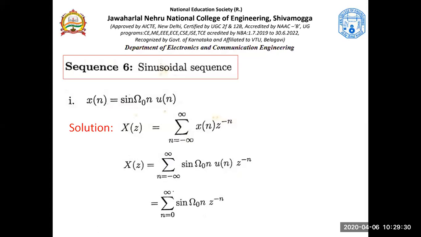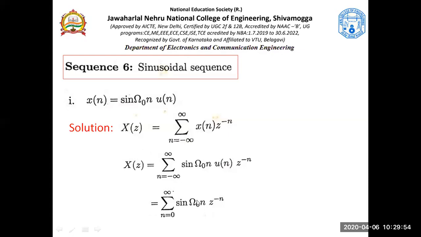Finding the summation of the sinusoidal as it is would be a difficult task. So we express this sinusoidal in terms of the complex exponential. Can anybody recall and write that on paper? What is the complex exponential form of sine omega naught n?